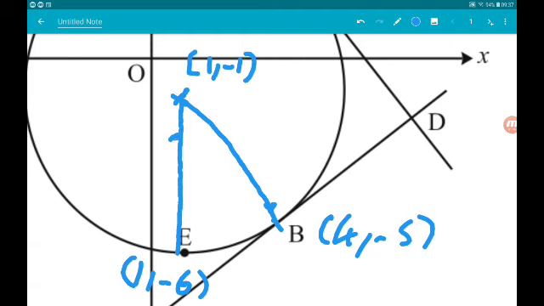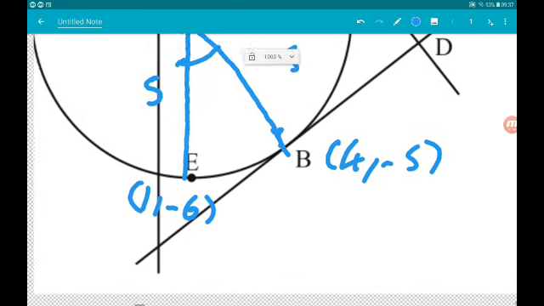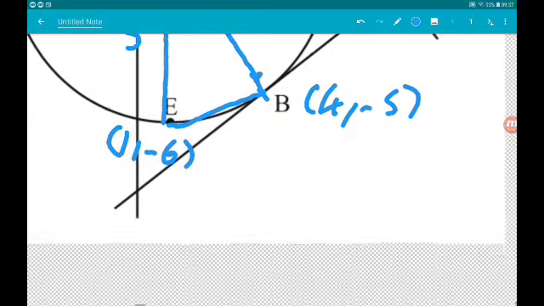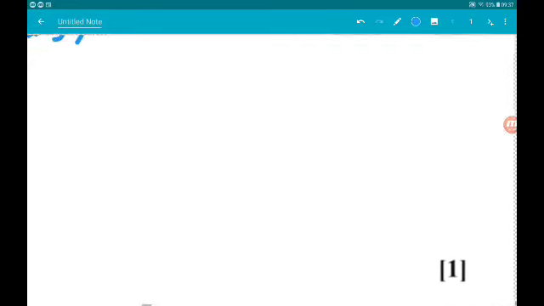So we need to know this guy. Now we know these two side lengths are 5 and 5. What we can also do is work out the length EB. So let's take that one in turn.